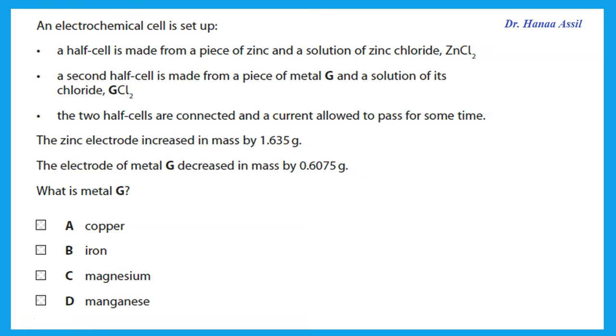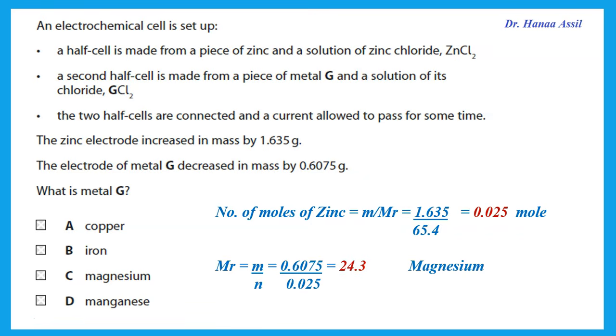Well, okay, so the G decreased by a certain mass and the zinc electrode increased by a certain mass, so we can get the number of moles of zinc that reacted. So number of moles of zinc that reacted is the mass over the molecular mass of zinc, and this comes out to be this number of moles, and that means it would be the same number of moles that reacted in G, since it is both zinc chloride and GCl2, so the number of moles of G would be the same.